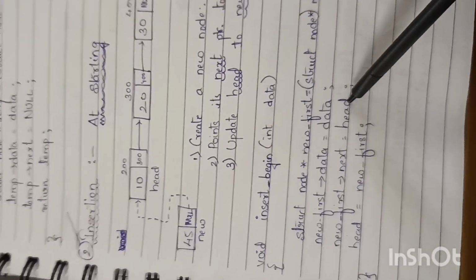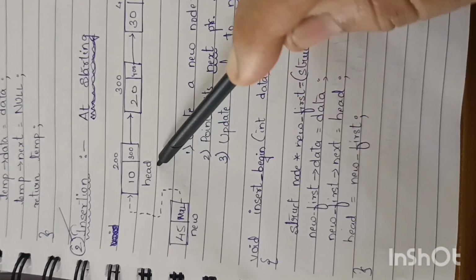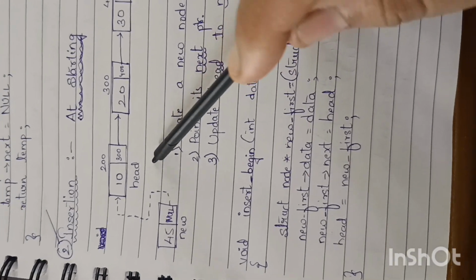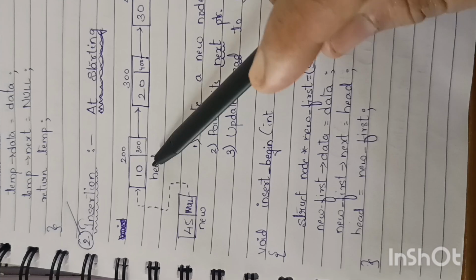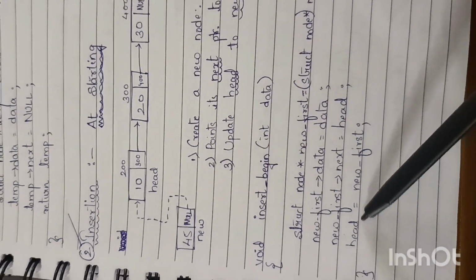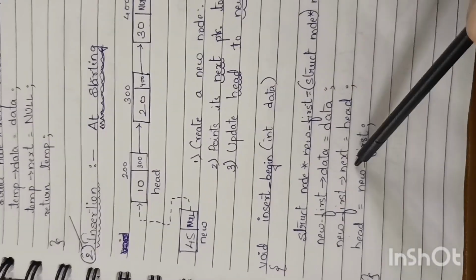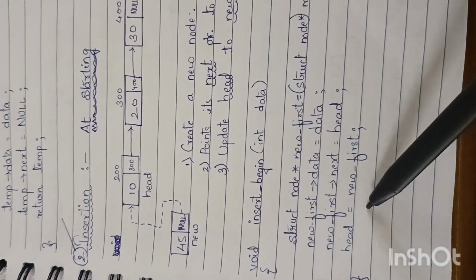So instead of null it is updated with the address of head. Then head equals new first, so I am renaming new first as head. Now we will see how it is actually processed.